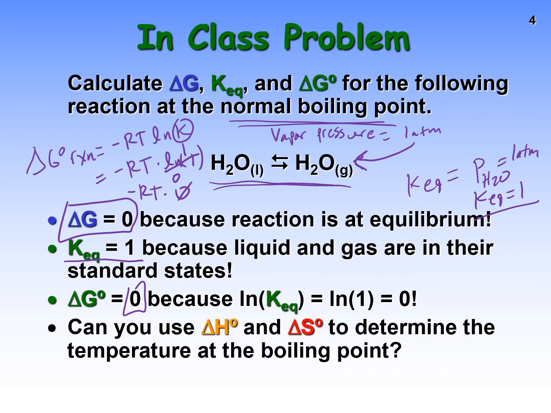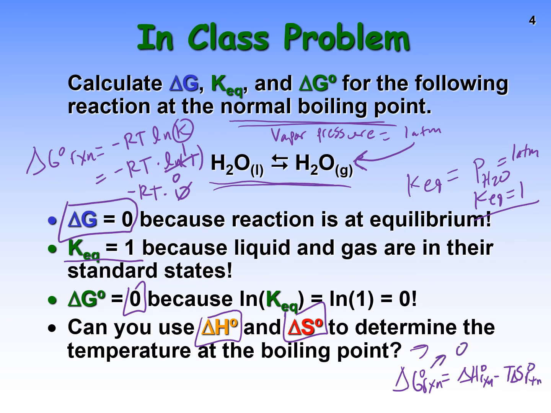At this point, one of the things you should recognize is we can calculate delta H and delta S to determine a boiling point or a freezing point even, because all we got to do is take our delta G naught of our reaction is equal to delta H naught of the reaction minus T delta S of the reaction.